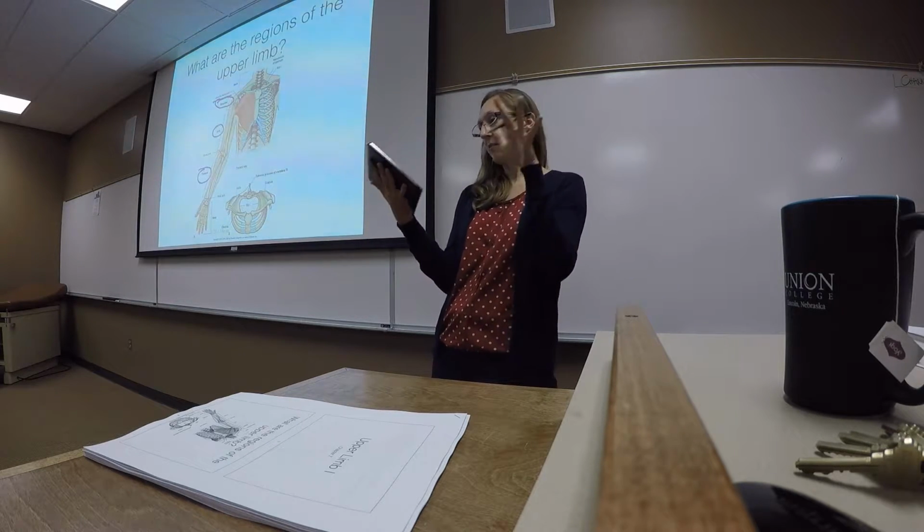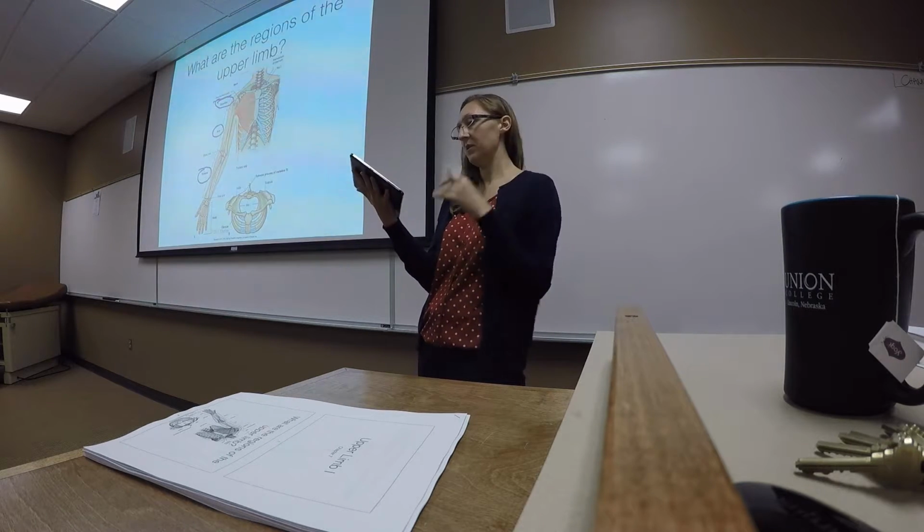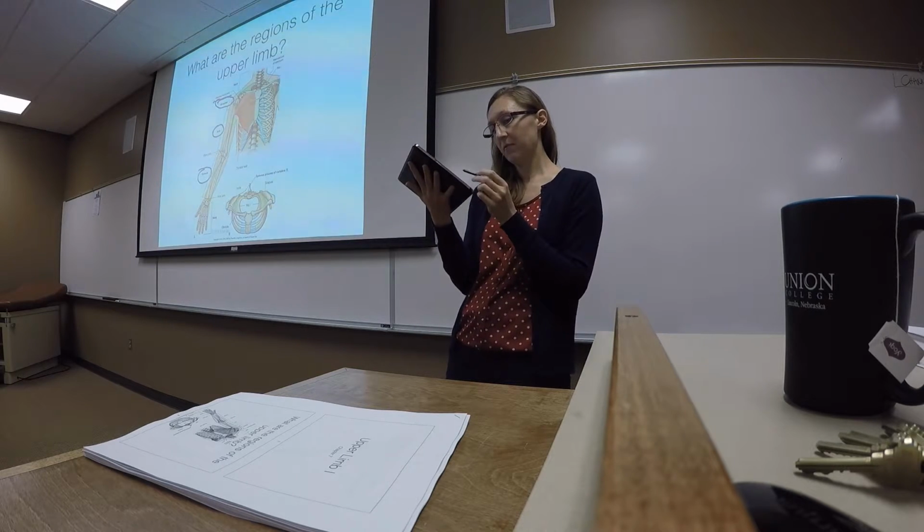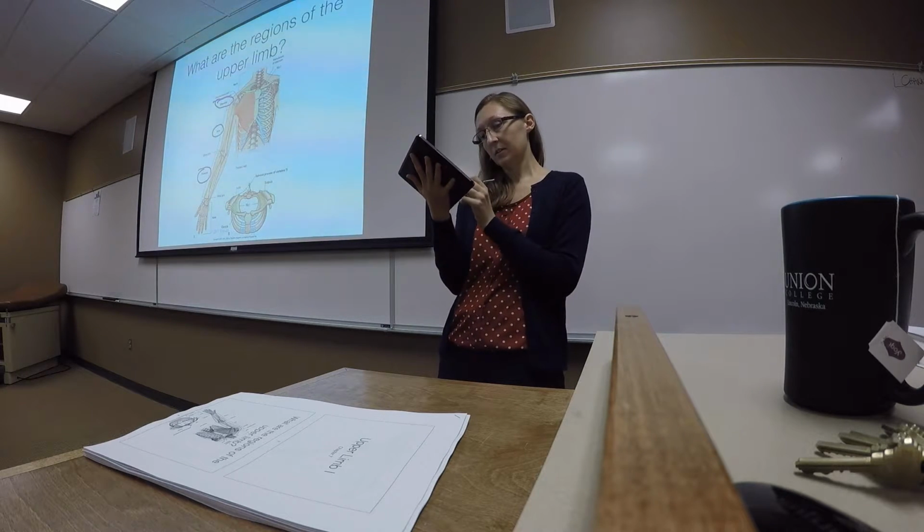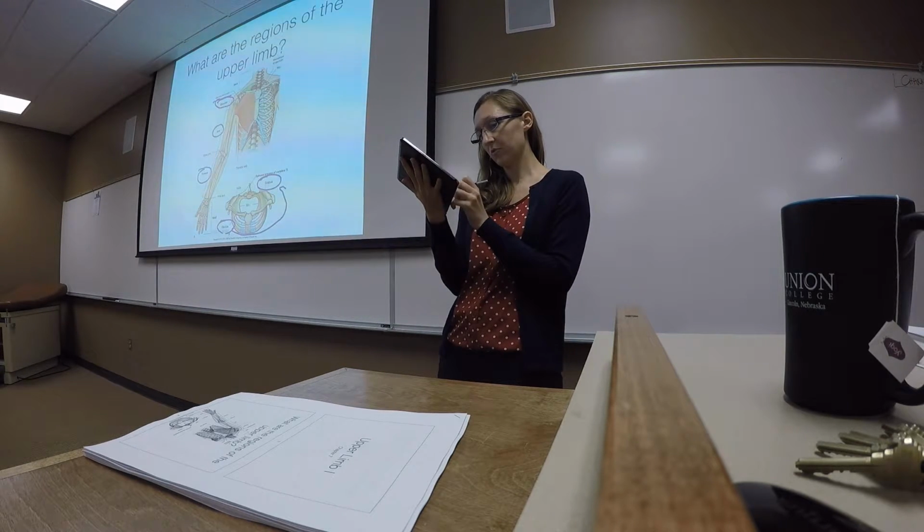The connection of the upper limb to the rest of the body is achieved through the shoulder girdle, and that is composed of the clavicle and the scapula. So these make up the shoulder girdle.